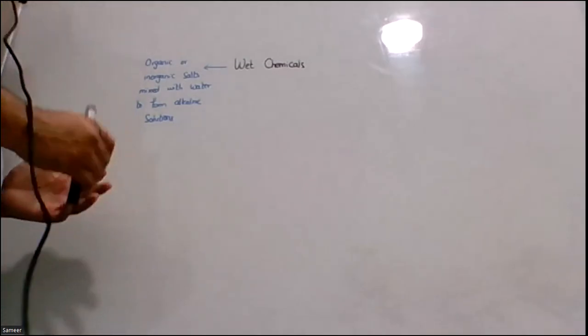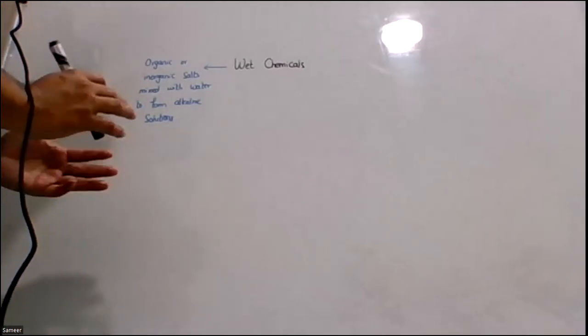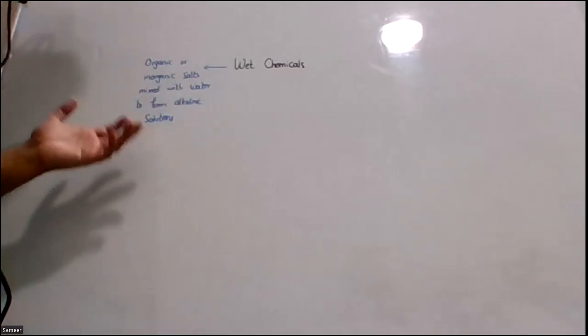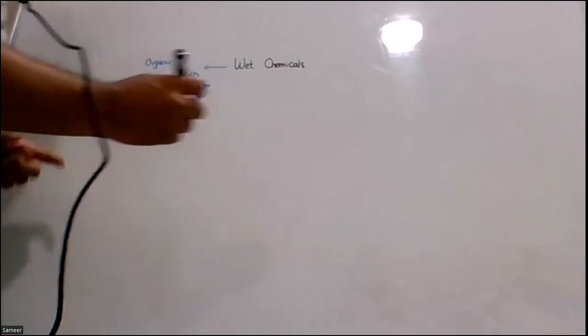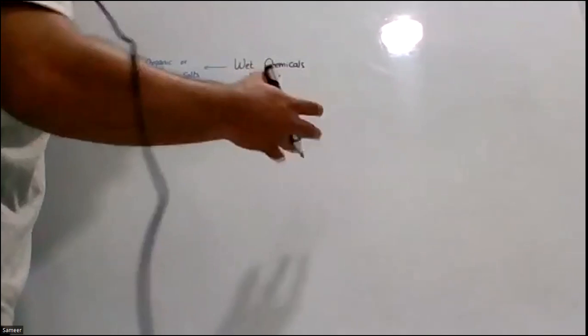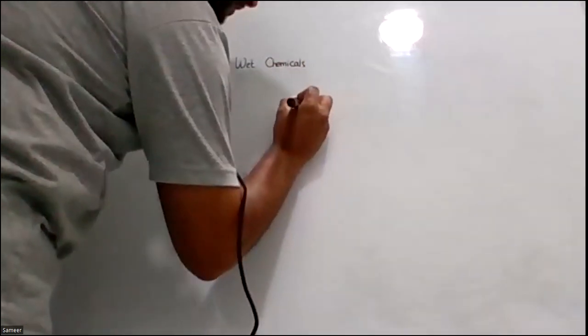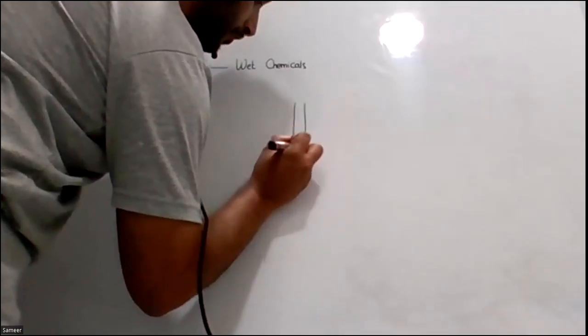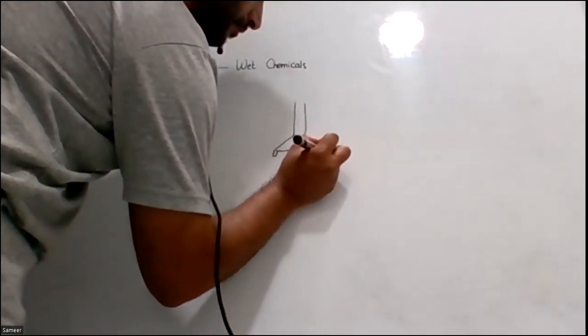For that purpose, I'm just going to use only one type of scenario in which I'm going to explain how wet chemicals can be effective for kitchen solutions. Then we can relate it to other portions of the kitchen. Let's say I have a hood available in a kitchen, and this hood is a canopy type of hood.